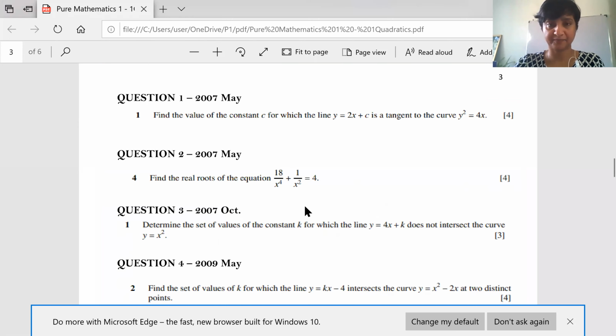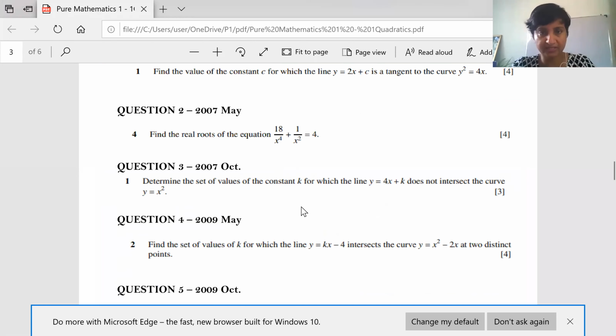Yes, miss. Okay, so number one is what we just did. Number two, can you check whether we have done it? That is a quadratic equation in disguise. That's completely from quadratics, nothing to do with coordinate geometry. Here are some questions that have both quadratic knowledge and coordinate geometry, this intersection business, okay?